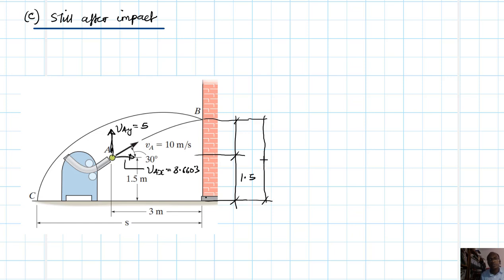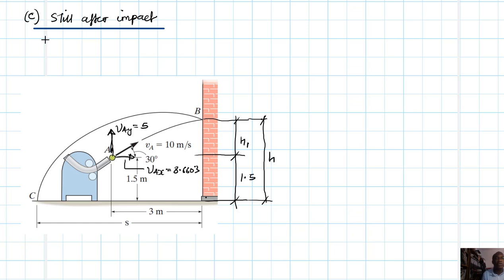This one, let's call it H. Then let's call this S, or we just call it H1. Okay, so let's find this.